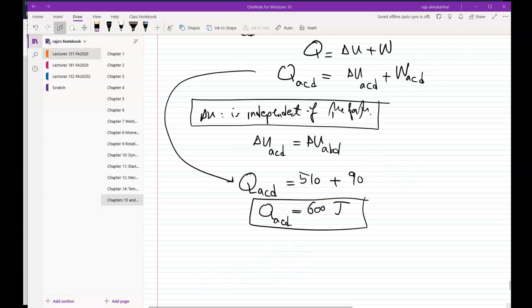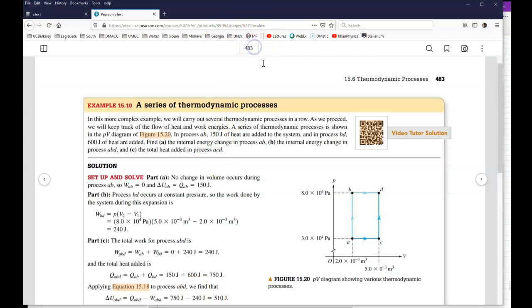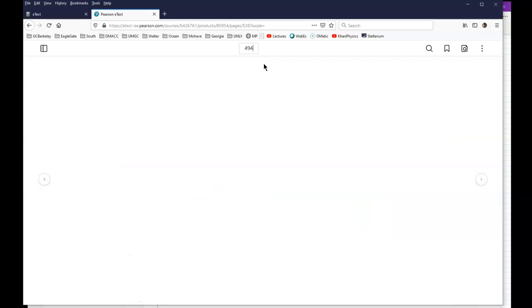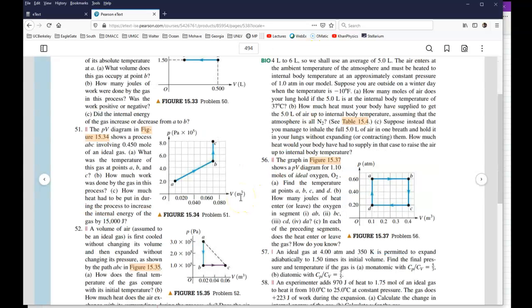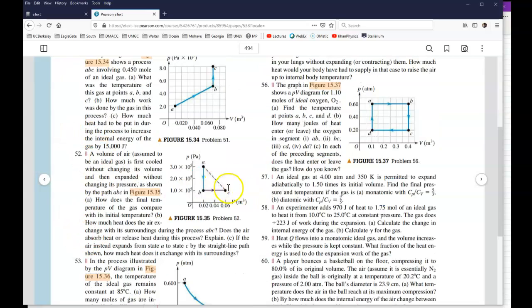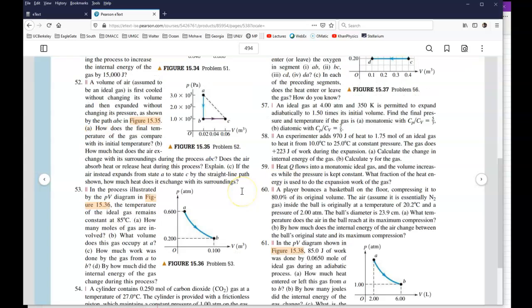Let me go to the book. 494. There we go. 51 and 52, I'm going to do both of these. They don't look bad.